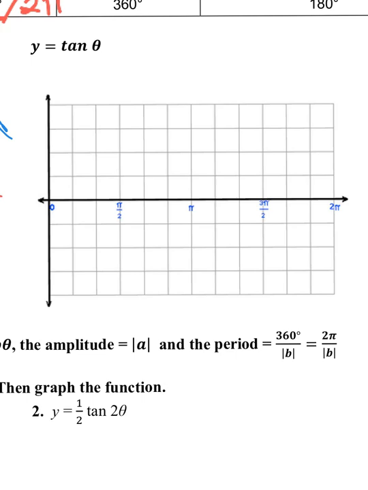So tangent is going to be sine over cosine. So at each of these coordinates, we're going to go ahead and do the ratio of sine over cosine. All right, so starting at 0, I'm going to mark off 1 and negative 1 on my vertical axis.